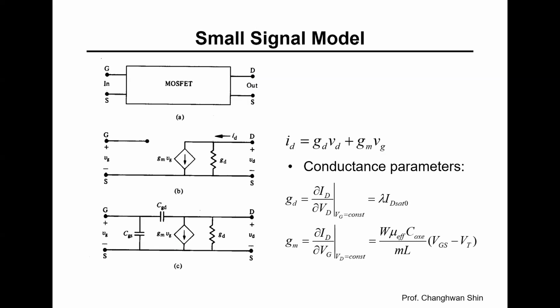This small signal model represents how the transistor responds to small changes in voltages and currents, rather than their absolute values. The key parameters in this small signal model are the transconductance, GM, and output conductance, GD. The GM can be defined with this equation as shown here, and GD can be written with this equation.